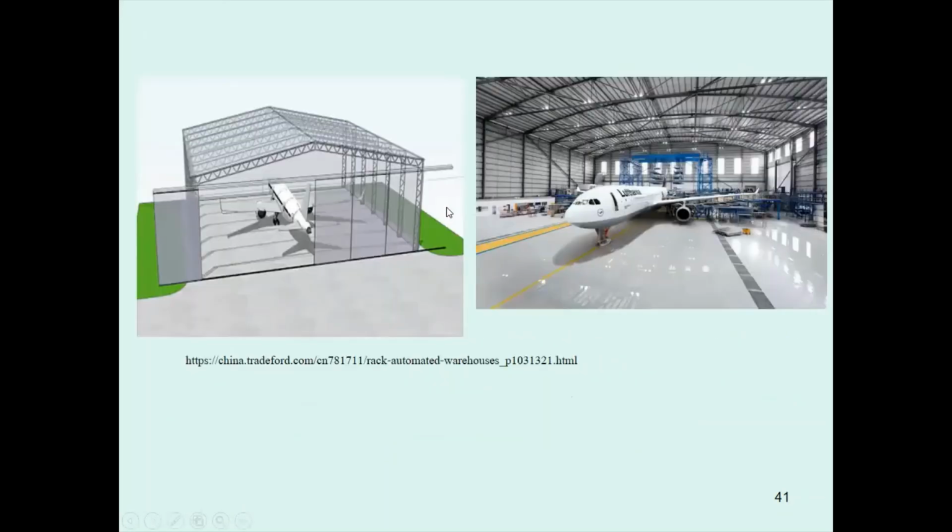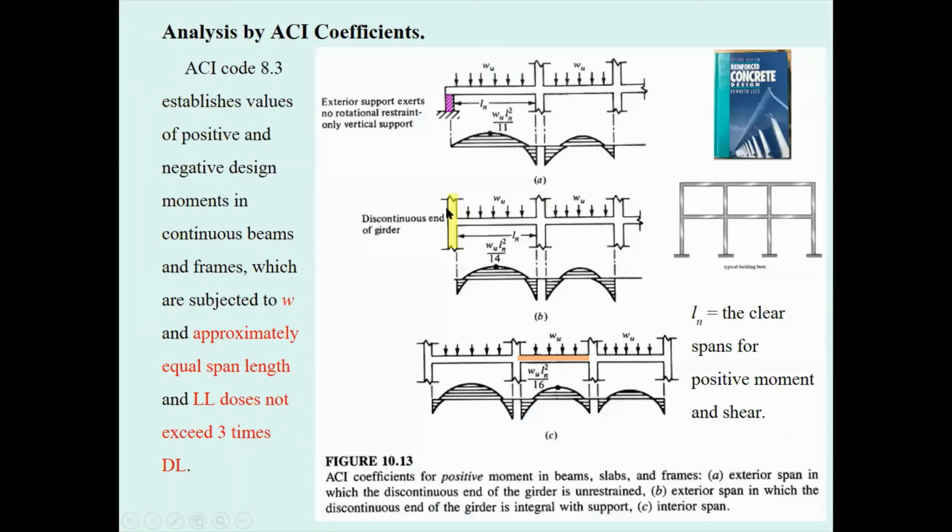Okay, and then come to the ACI coefficients. The ACI coefficients give you the guideline to estimate the moment that occurs in the beam of the frame.